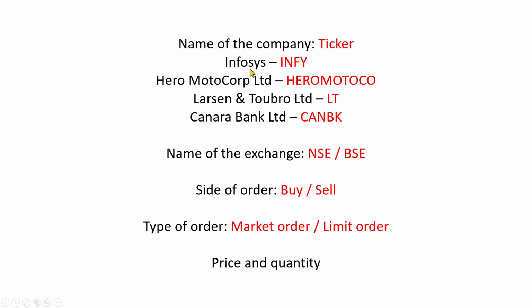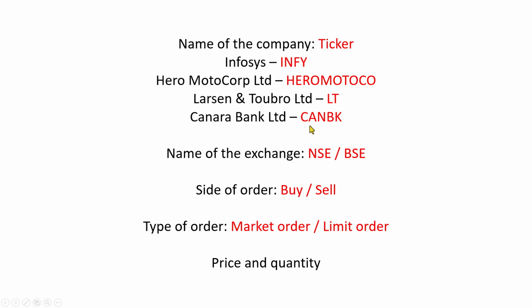Similarly, for Hero MotoCorp, we have this as the ticker. For Larsen and Toubro, we have LT. For Canara Bank Limited, we have CAN BK. Alright. So we will be using tickers.